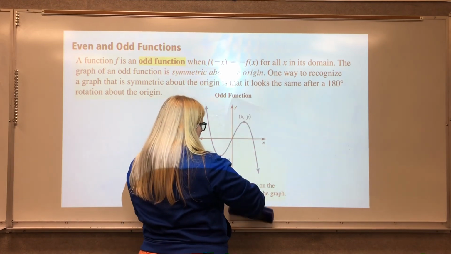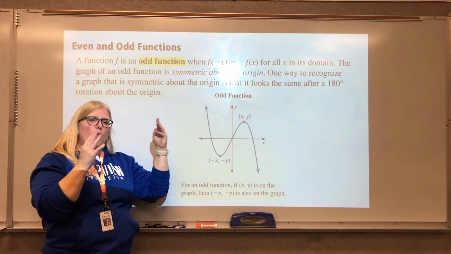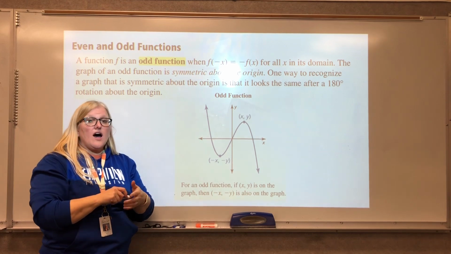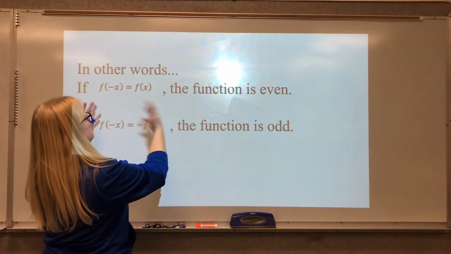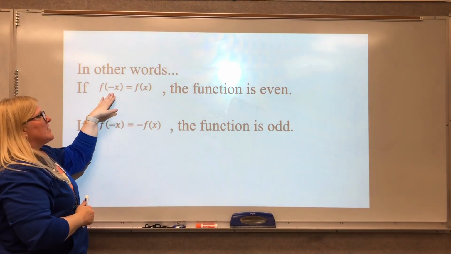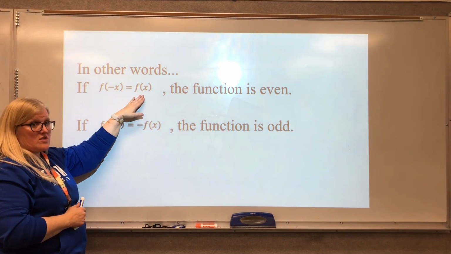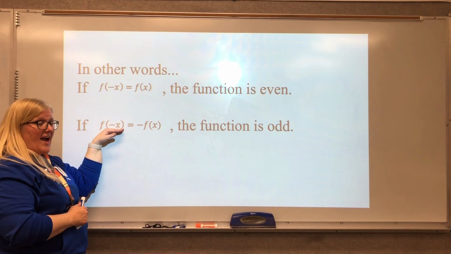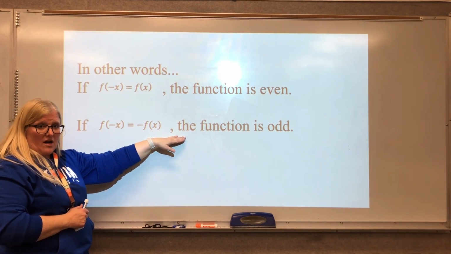Okay? So when the reflection in the y-axis equals the reflection in the x-axis, it's an odd function. All right, so in a nutshell, if f of negative x equals f of x, if the reflection in the y-axis equals the original function, it's even. If the reflection in the y-axis equals the reflection in the x-axis, it's odd.